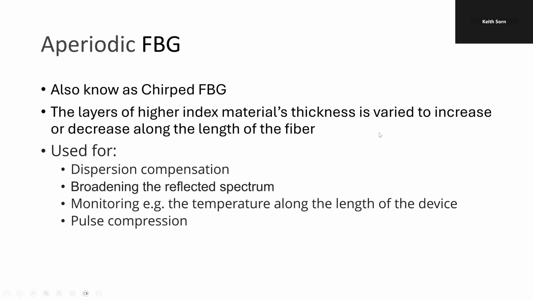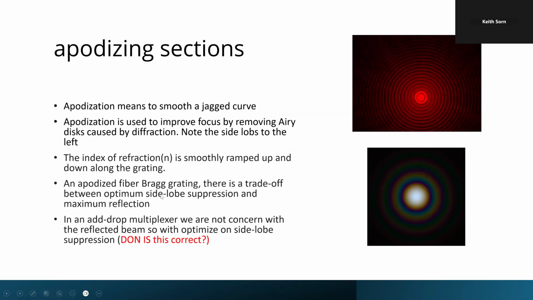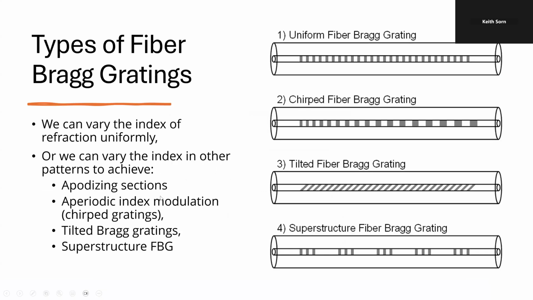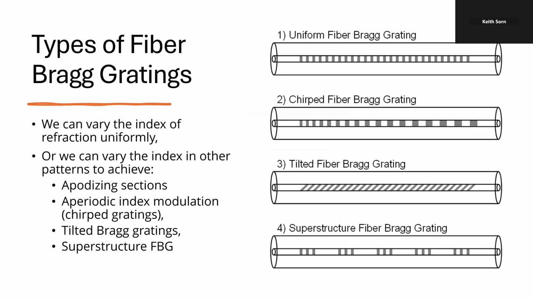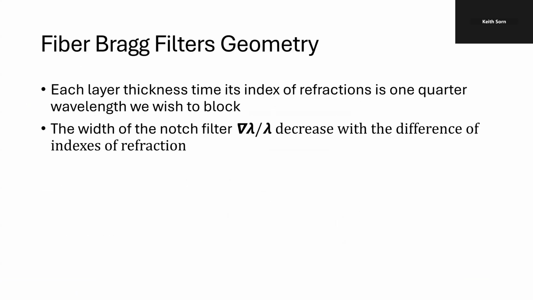So the reason we use these aperiodic fiber Bragg gratings is for dispersion compensation. We can broaden the reflected spectrum. So here on my apodizing sections, we worried about narrowing. Before we worried about narrowing the wave band of wavelengths blocked.